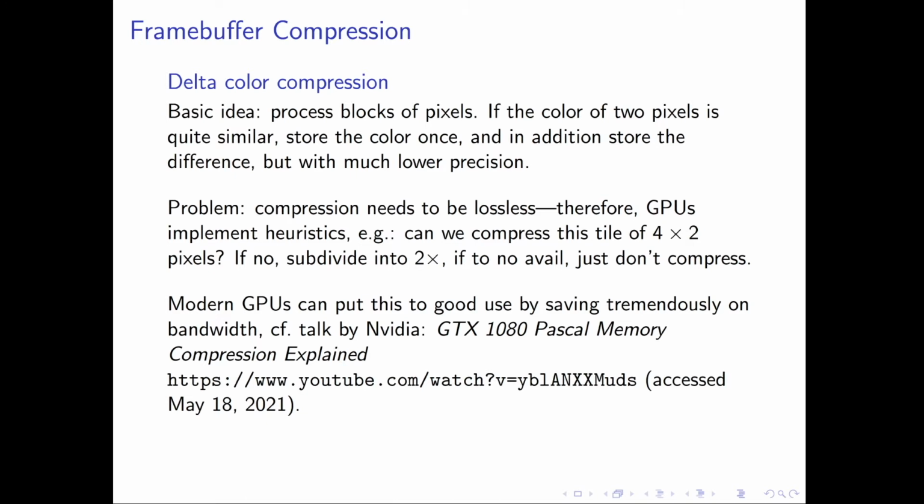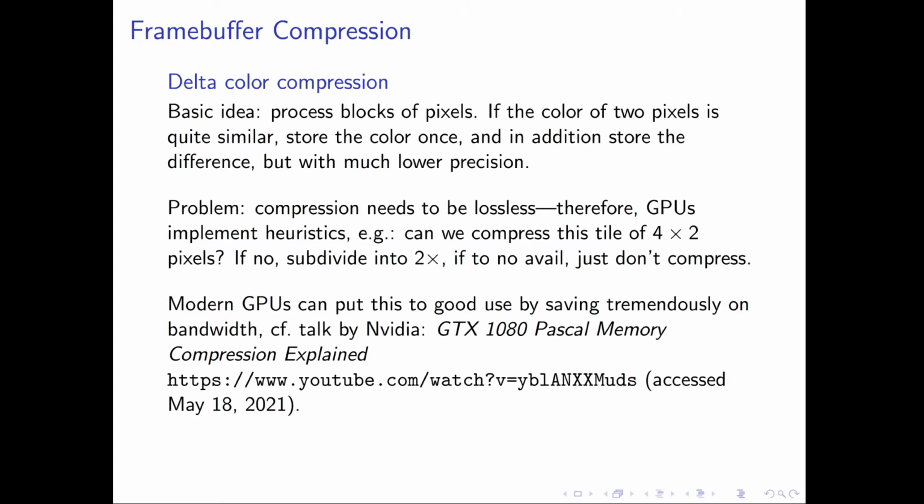And if the differences are relatively small, that is, if the variance is not very high inside that block, then you can potentially represent the difference with very few bits, in comparison to the base color. You would represent the base color with the full pixel width, and you would represent the difference with fewer bits.